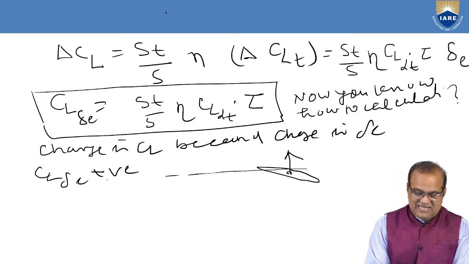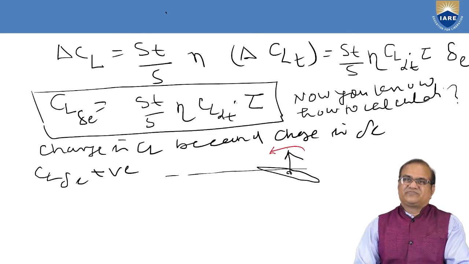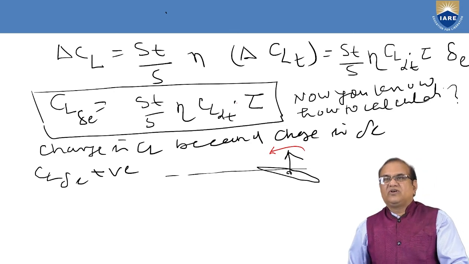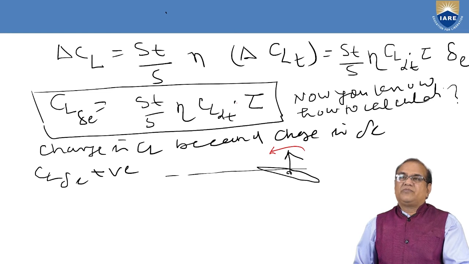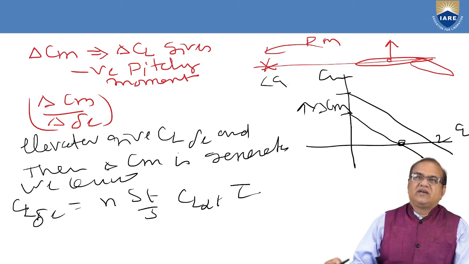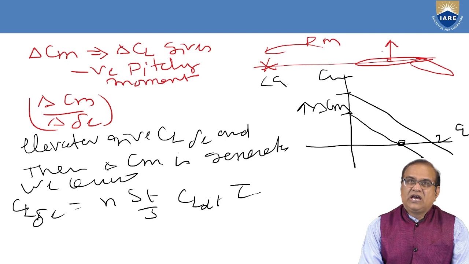If CL delta E is positive, the direction will be like this. If the CL delta is positive, then the tail will produce an anti-clockwise motion. Now delta Cm: this delta CL, which is generated by the delta E deflection here, will give a negative pitching moment as shown here.